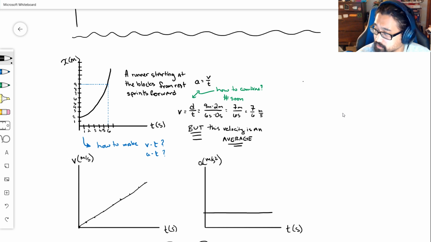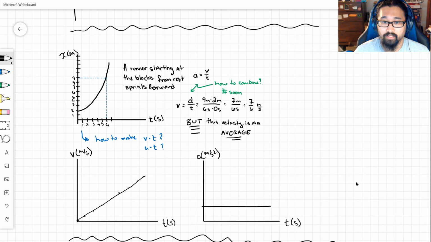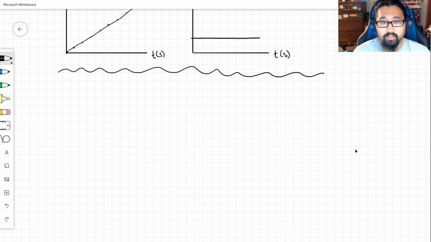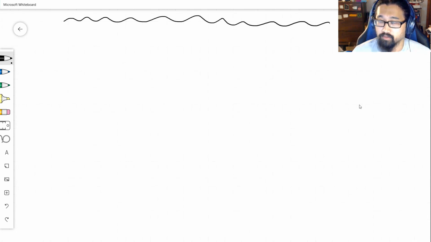And what I'd like to do now is just pin down the different ways that the distance-time graph displays acceleration, because you will be asked to interpret this very soon in your quiz. Now I said quiz before.